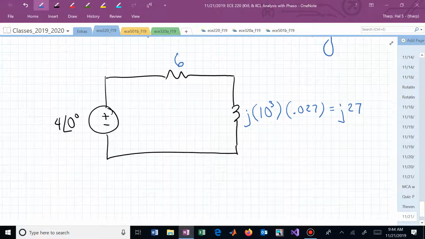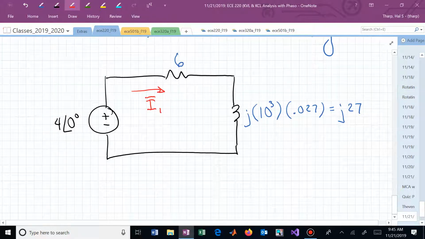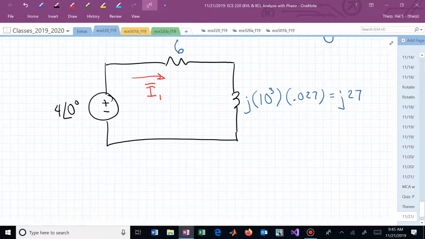And we are really just asking to find this, and let me call it I1 since I've now modified the original problem. Let me call this I1 phasor, because I is actually the situation where we're going to put the C in there. So now let's say this is I1, and I think it's pretty clear what that phasor should equal.